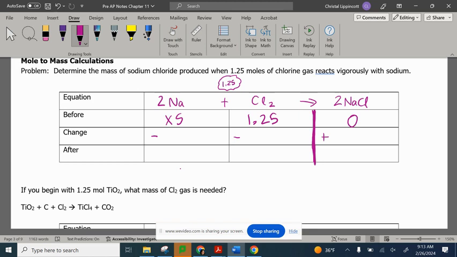Then we're going to come down out of the cloud. So we're going to take this and multiply it by 2 for here, by 1 for here, and by 2 for here. And then we go through and add and subtract.